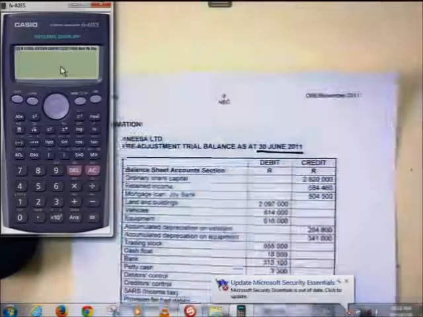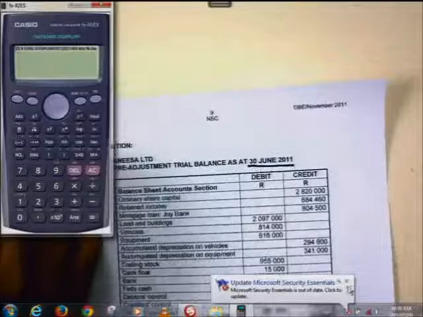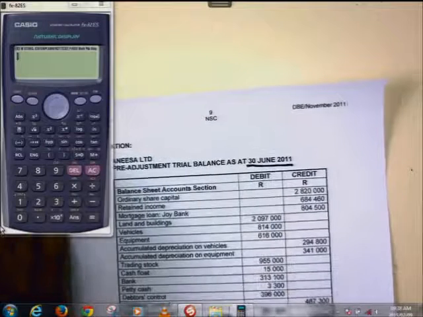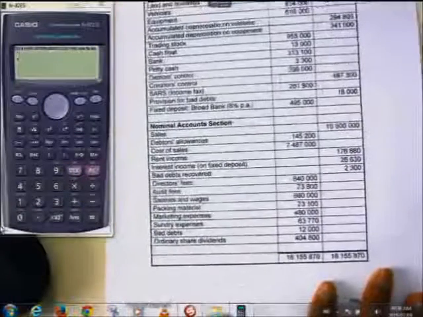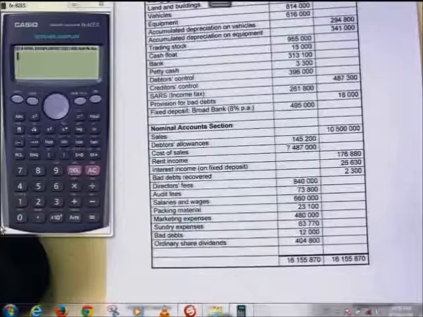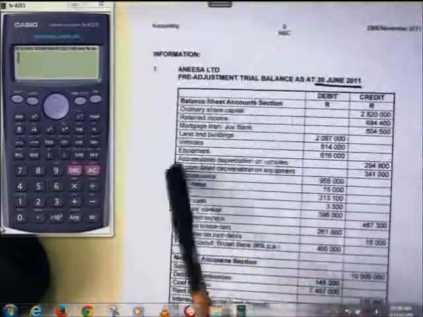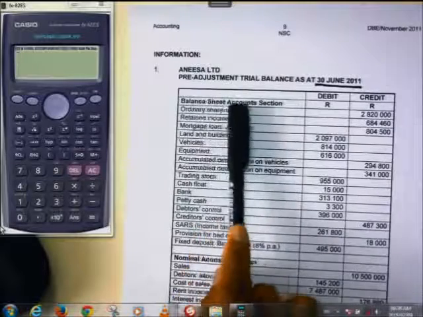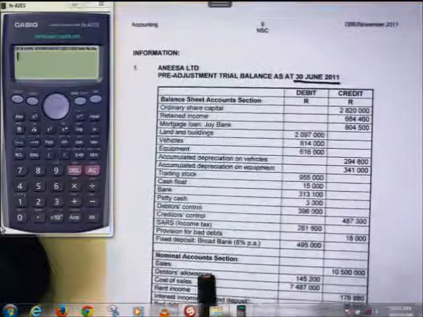To question of 2011, November 2011. So it says there, we are given the trial balance. One other thing that is very important when you prepare the income statement: you are not going to check the balance sheet account section, because the income statement includes only income and expenses.